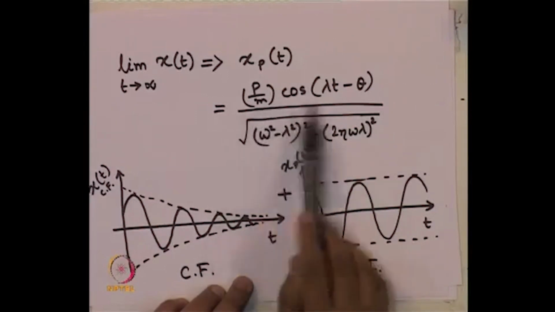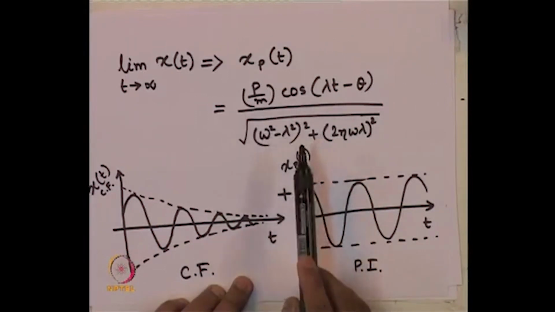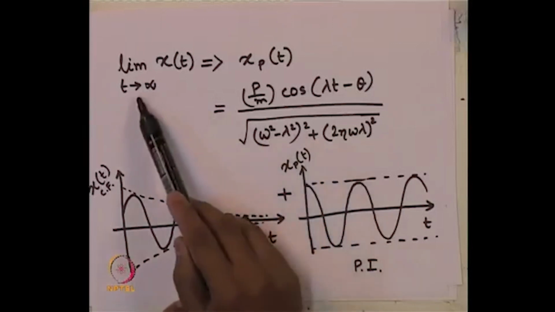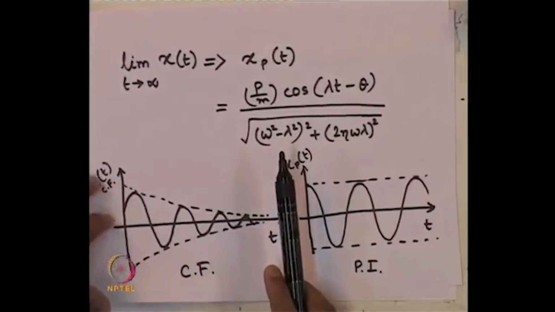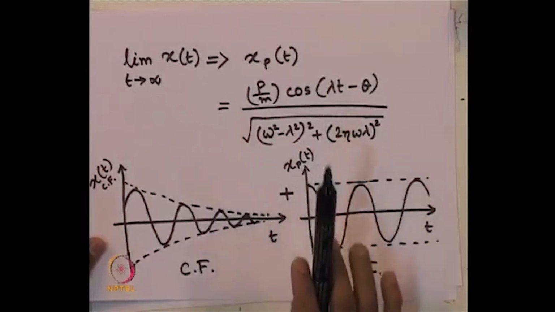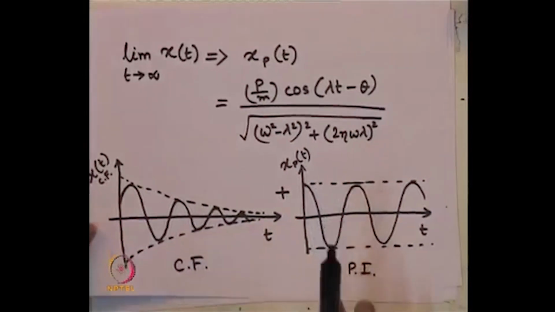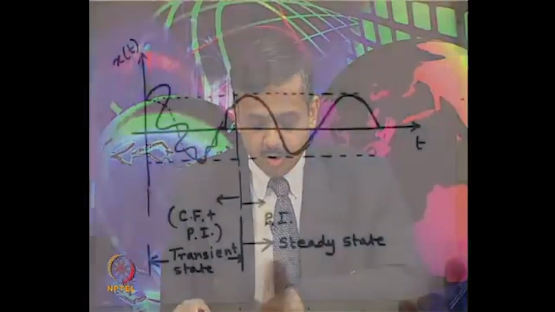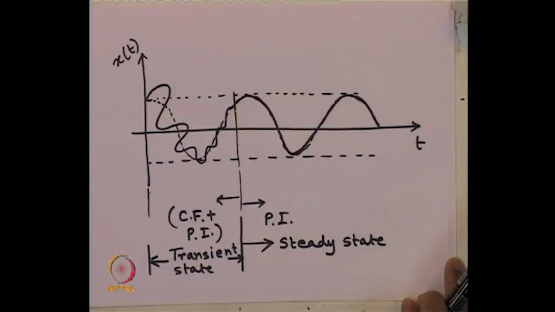So, the initial conditions are not present in this particular integral, which is for t tends to infinity. So, initial conditions have totally been removed. That point when it is getting started is called the starting of the steady state response.